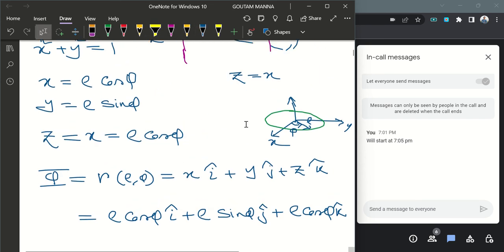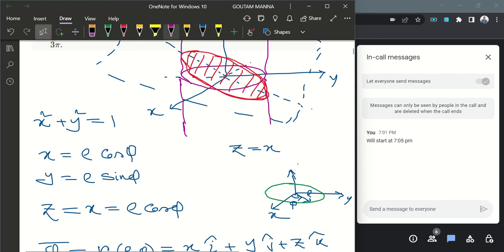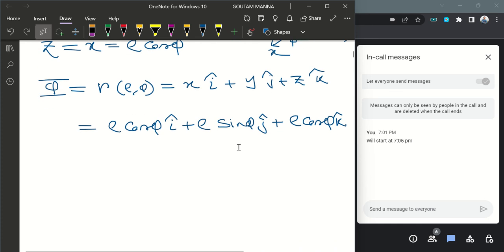So now to calculate the area, we need to consider a small area element. So let's say this is dS. So the area will be the integration of this dS over this elliptical region.